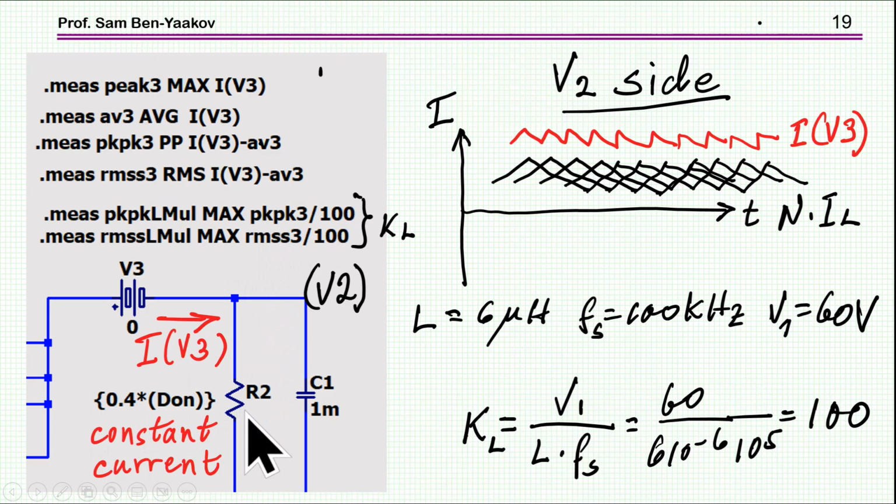So in order to correct it to the same current, I am increasing the resistance proportional to the duty cycle. Therefore I'll get here a constant current independent of the duty cycle. So this is the first stage. Now for this particular run I have L of 6 microhenry, frequency of 100 kilohertz, and V1 is fixed at 60 volts. So the normalization factor here, V1 over L times frequency, is 100.